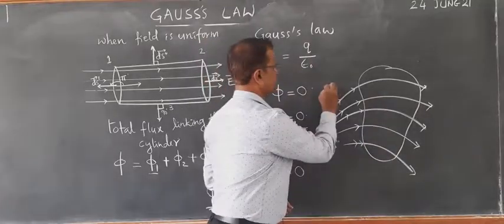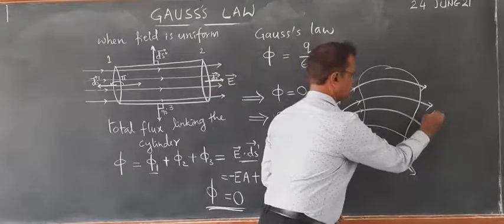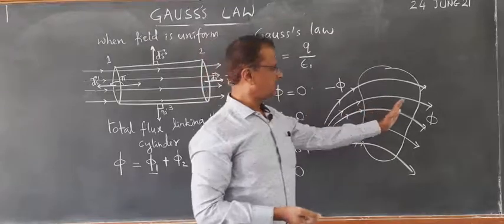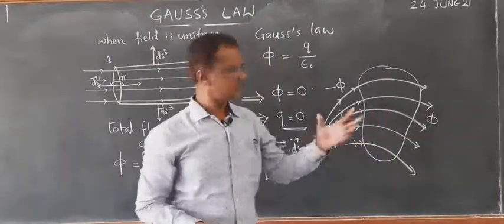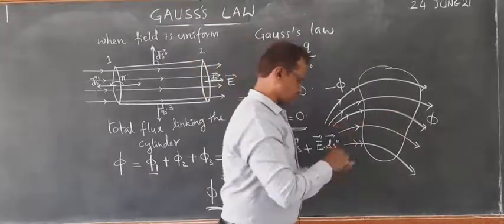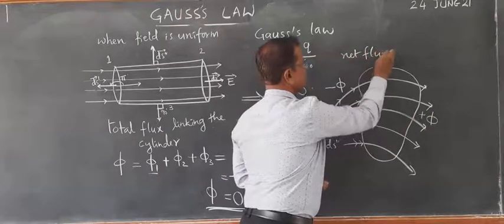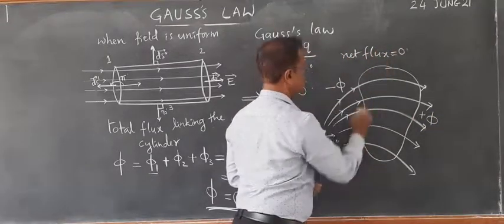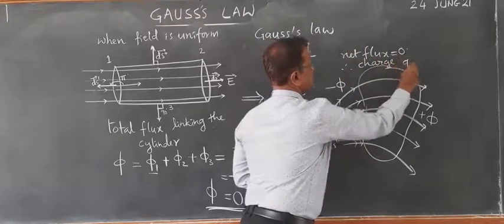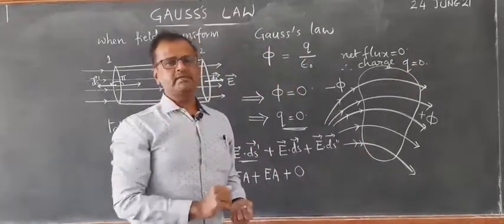So, the flux that is entering here, if you take it as minus phi, the flux that is leaving here is plus phi. When the same number of field lines enter and leave, the total flux linking with such a closed surface is 0. So, when the net flux is 0, the charge enclosed Q is equal to 0. This is one of the important applications of the Gauss law.